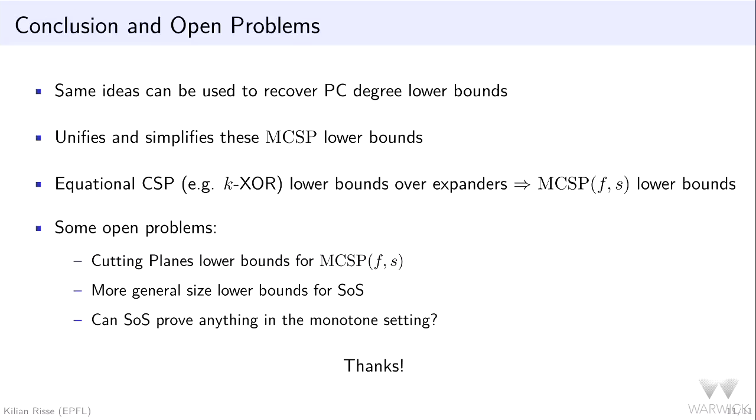More questions? So MCSP has a lot of variations. Are your techniques flexible to, for example, partial MCSP where the truth table is incomplete, or MCSP against circuit classes of different kinds, with multiple outputs, some that are known to be NP-hard?